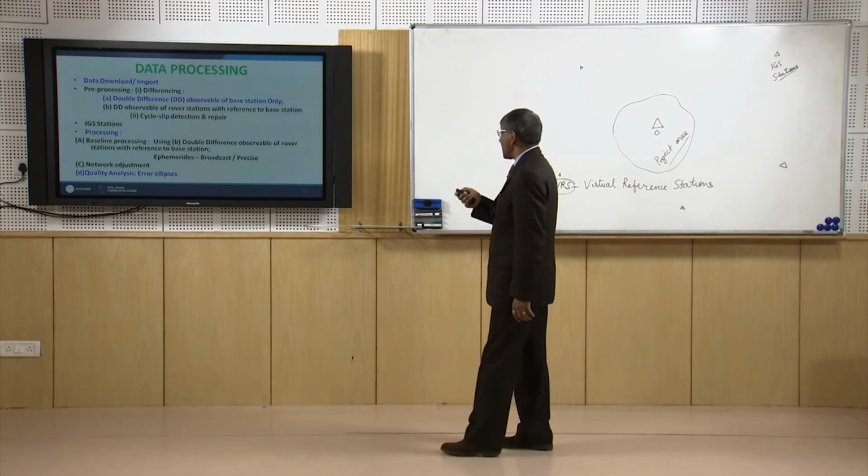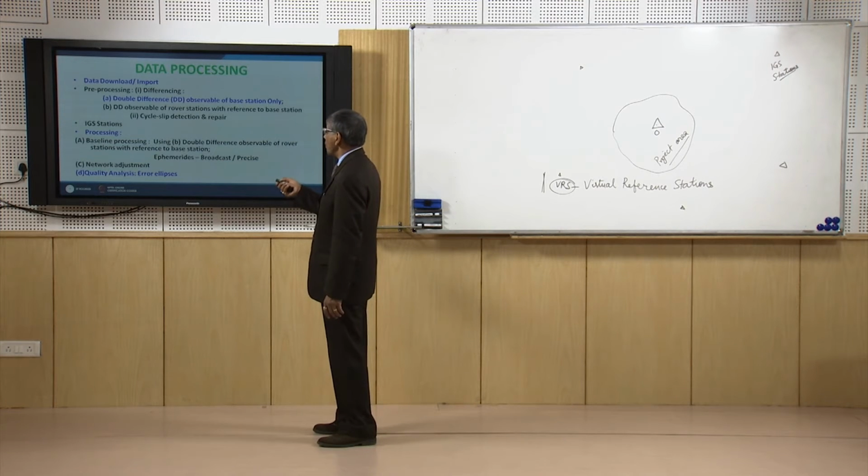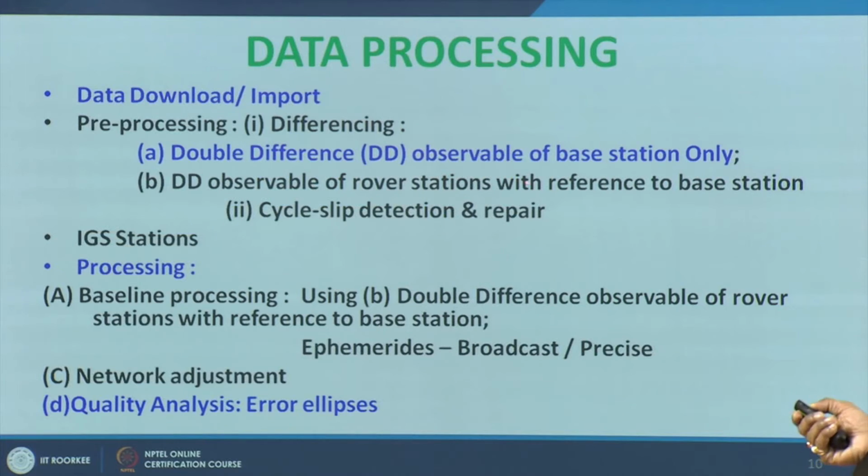Now, once we are satisfied with the quality of the data, we should work further with the double difference observable of the base station only for this type of processing.